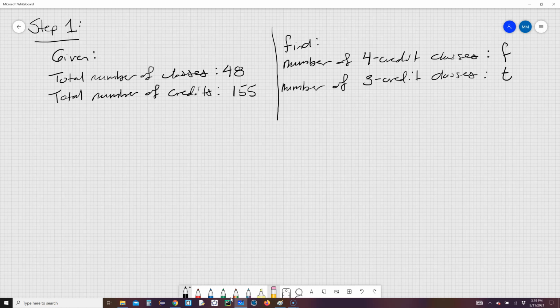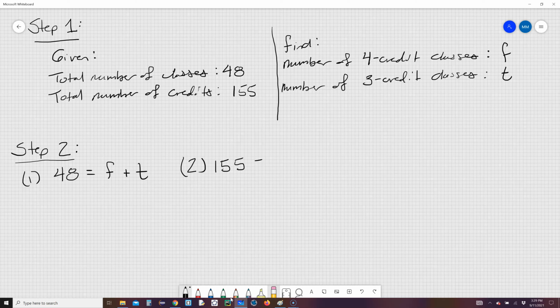Similar to our original mixture problem, or excuse me, our original total value problem, we know that the number of classes is 48, and we know that that comes from the number of 4 credit classes and the number of 3 credit classes. Similarly, we have 155 total credits.